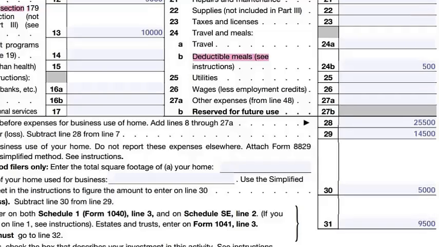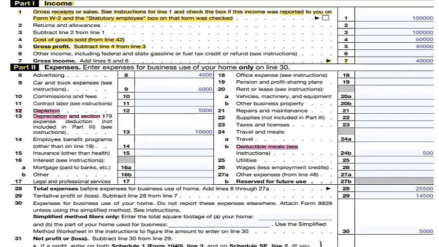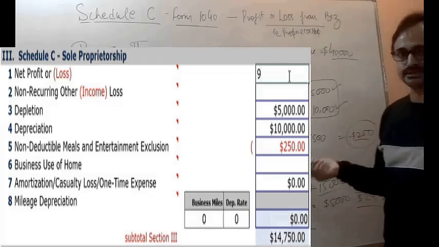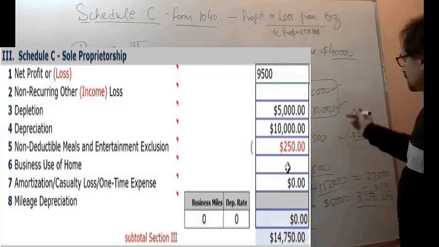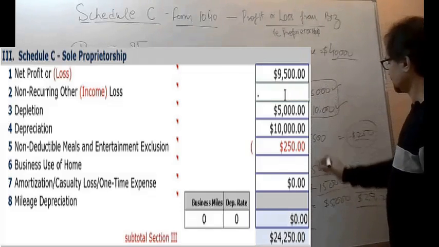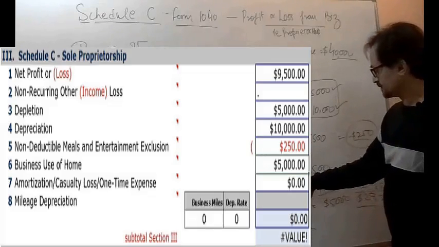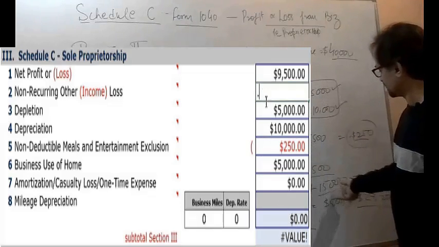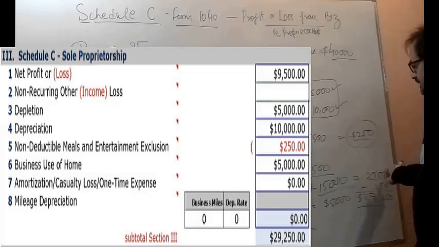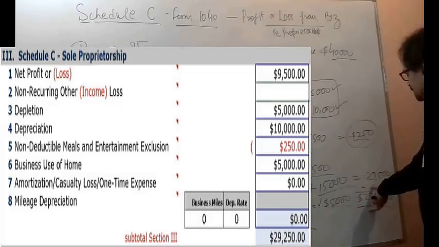When we are going to consider their income, we look at the gross income of 40,000, then the total expenses of 25,500, but out of these 25,500 we know that the 5,000 and the depreciation of 10,000 are not real expenses. They can be added back. So we add back 5,000 and 10,000 into their tentative profit, which was 14,500, plus 15,000. The total becomes 29,500.